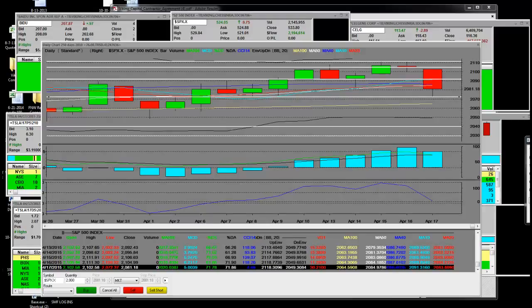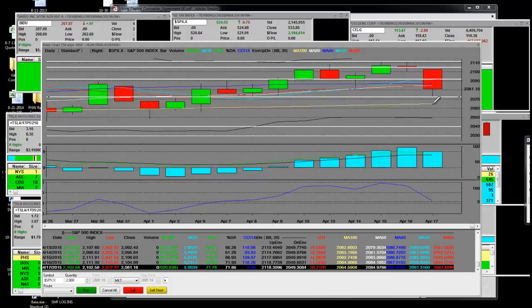And another thing that I'm going to say is there is going to be a lot of turbulence. And basically, when you start breaking down below these simple daily moving averages, the key support level is going to be the 100-day moving average on that daily.